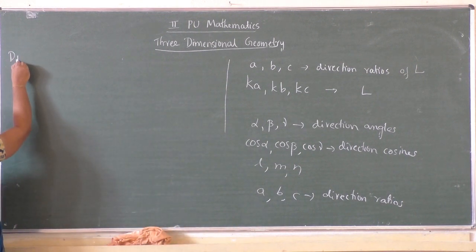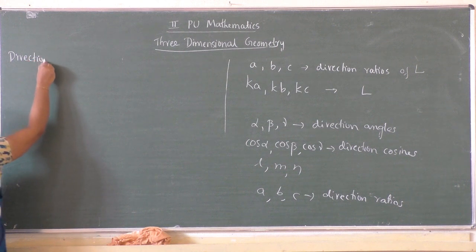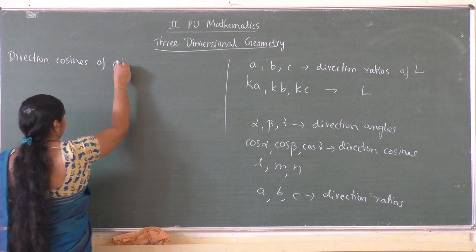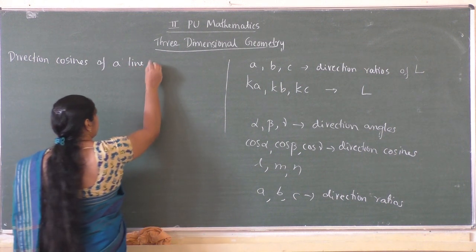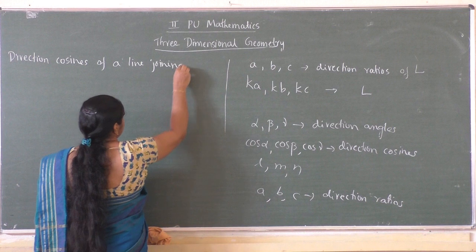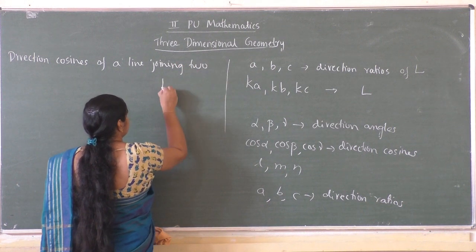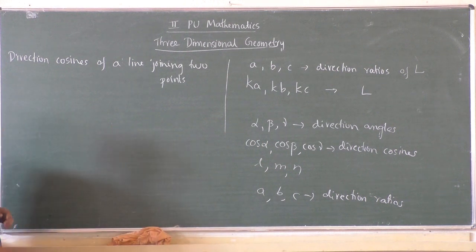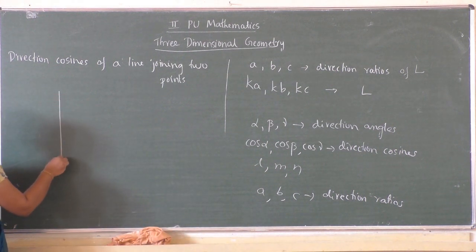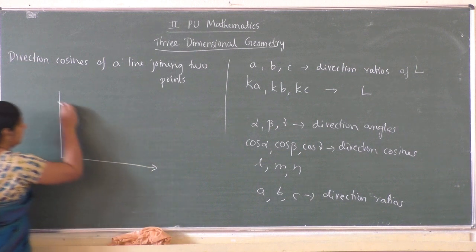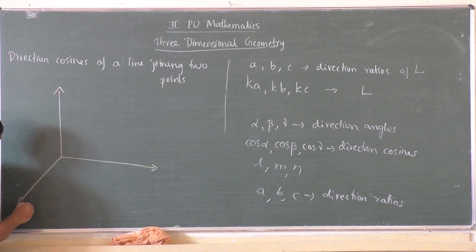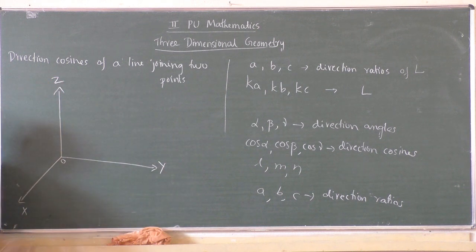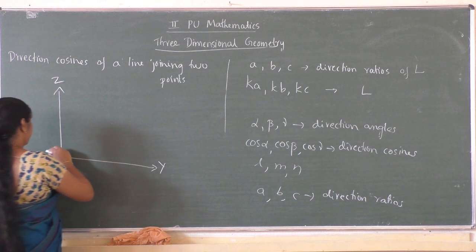Next one is, you have to find the direction cosines of a line joining 2 points. So for that, consider a three-dimensional space, X, origin, Y and Z. I will consider one line.